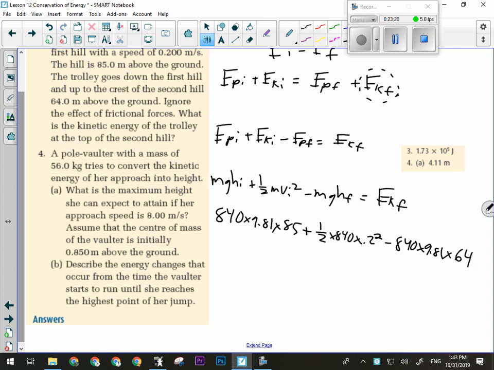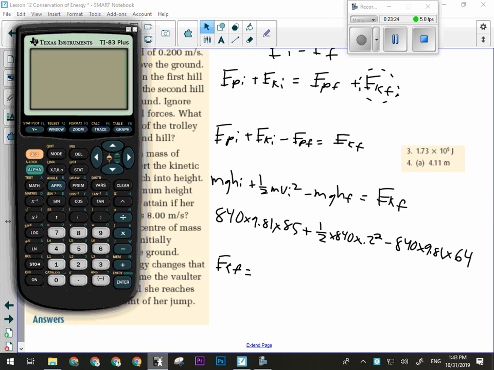When I do that, that should get me my final kinetic energy: 1.73 times 10 to the 5 joules.